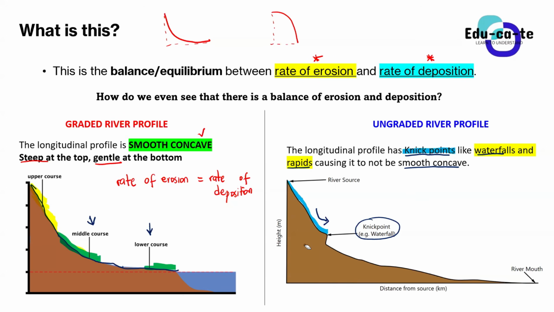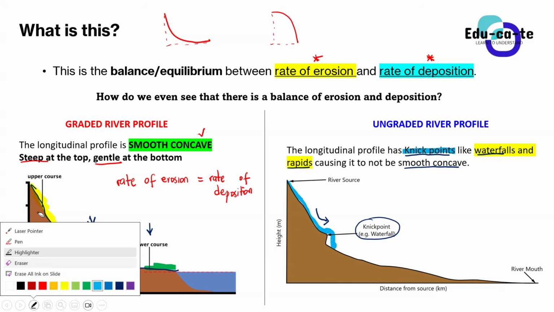So now once we start having such landforms, such as nick points and waterfalls, this is now no longer a graded profile. It is now an ungraded profile, because now the water will be falling rapidly here. It is not like in the first case.